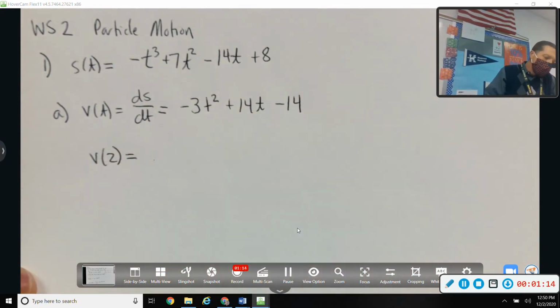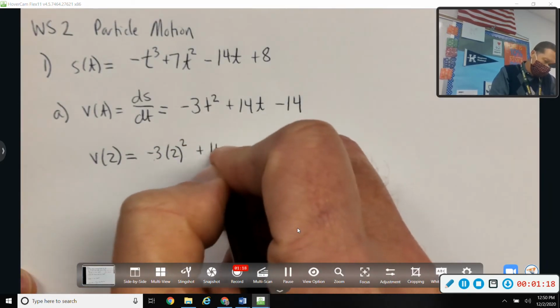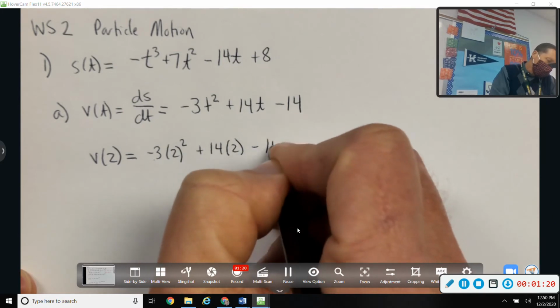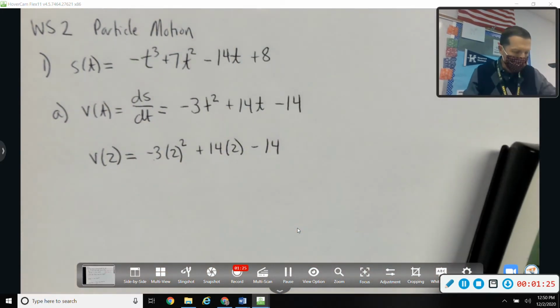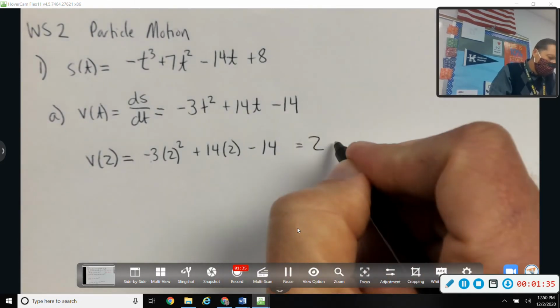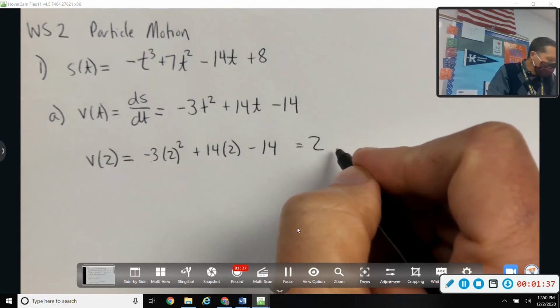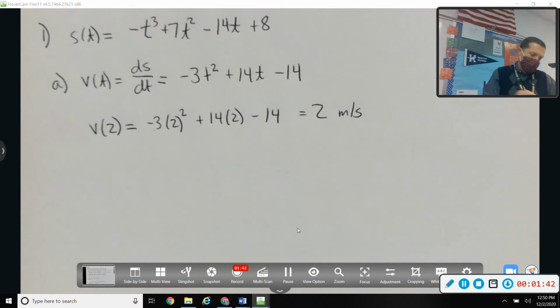V of 2, plug in 2, and we could leave that as an answer, but I suspect we may need it later, so I'm going to actually find out what it is. So that's 2. Units, this was all in meters and seconds, so meters per second for velocity units.